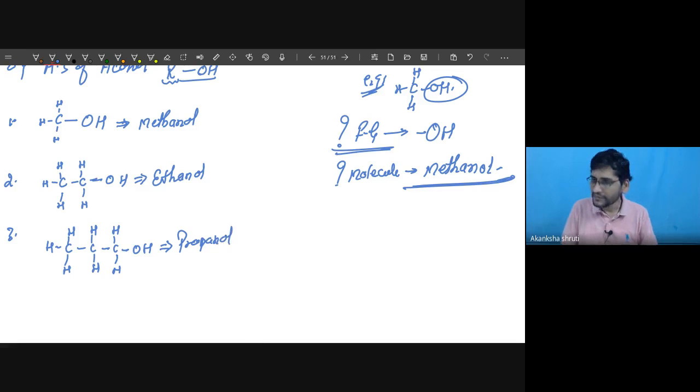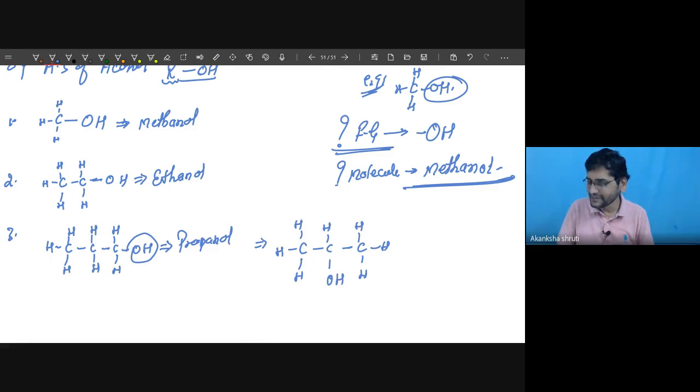Student, regarding this propanol, one may think, why is this OH at the end? Why should it not be at the middle carbon? Surely you can draw it. That will also be propanol only, but the difference is that they are isomers. Are we getting? So this is being shifted to the middle to get this one.